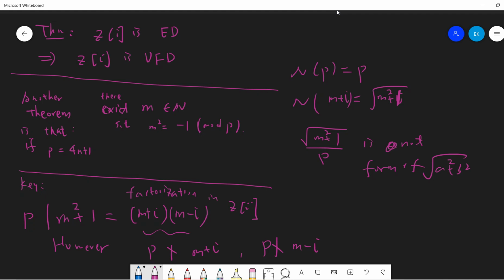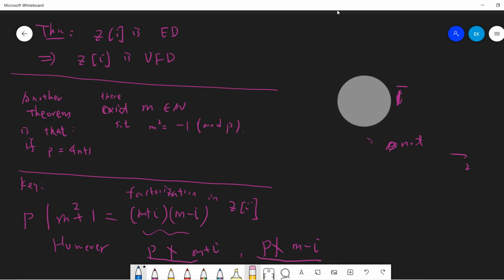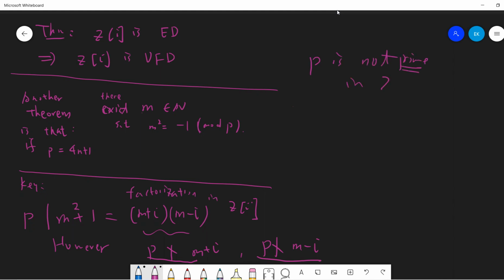This can easily be seen because if you move the p into the square root, then you see it is not a sum of two squares. So p does not divide m plus i, and p does not divide m minus i, which tells you that p is not prime in Z[i]. This is important: p is prime in Z, but p is not prime in the Gaussian integers.